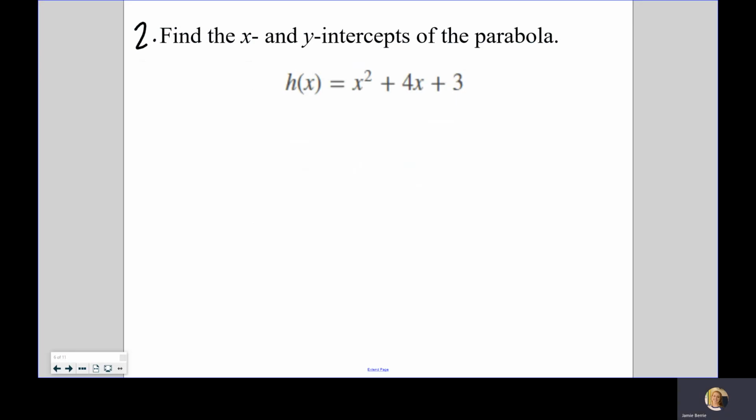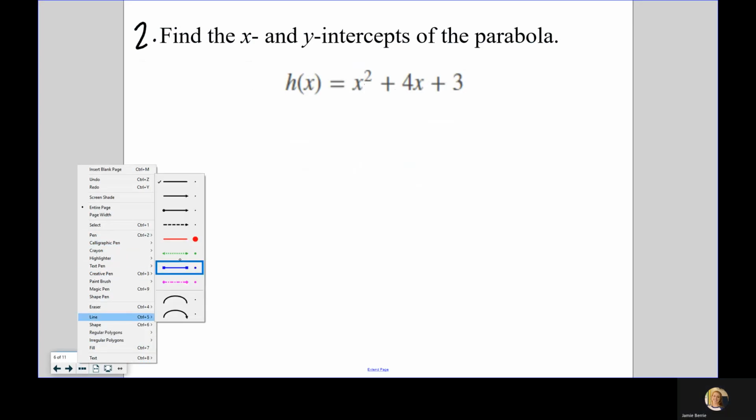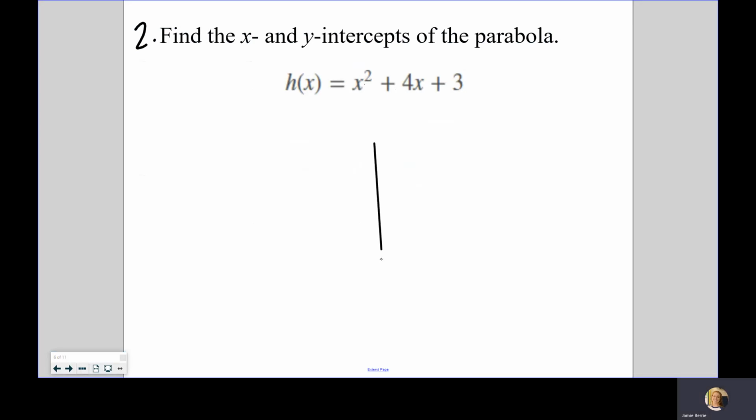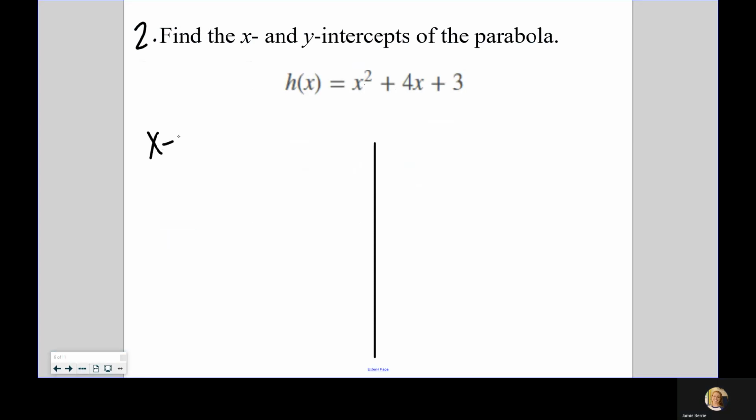All right, so X and Y intercepts of the parabola, and our function here, our quadratic function, is h of x equals x squared plus 4x plus 3. I'm going to put a line down the middle here, and we will do our x-intercept, and then we'll do our y-intercept.